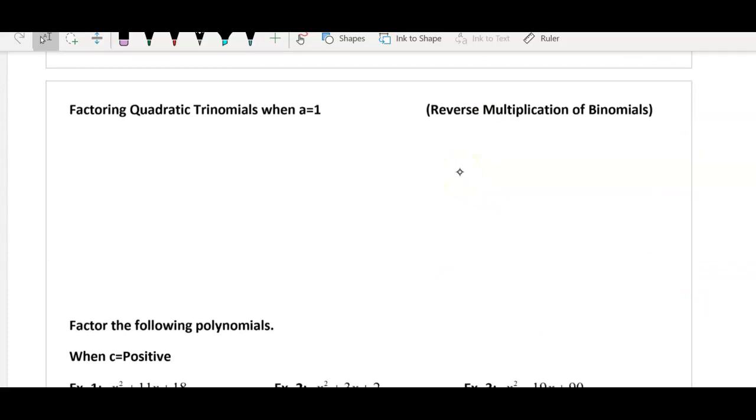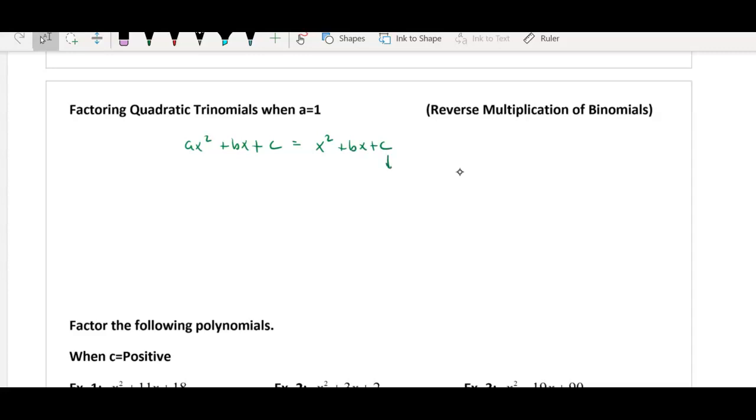And when we factor a quadratic trinomial when a is equal to 1, so basically we say the quadratic trinomial is ax squared plus bx plus c. But when a is equal to 1, a lot of times you just see x squared plus bx plus c.